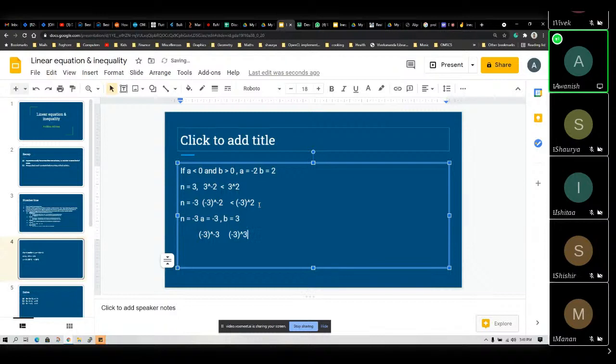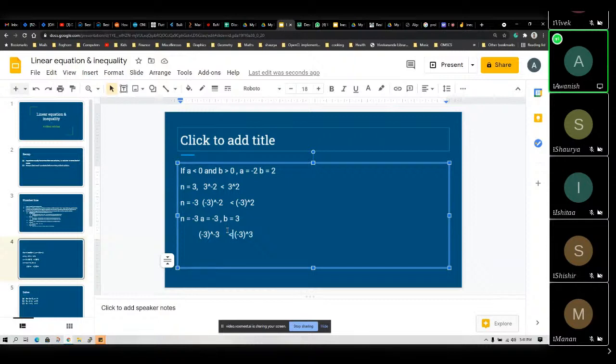Which one is smaller? Right? Yes. Is this right? Is this one smaller or is it not smaller? Sir, minus 1 upon 27 and minus 27.